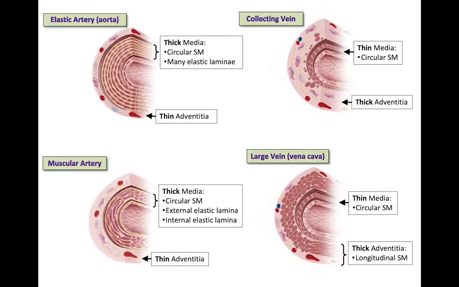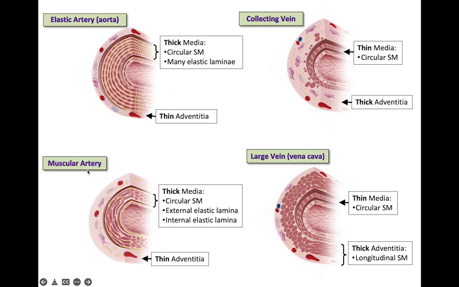So you can use this slide to summarize the 4 types of vessels. When we see an elastic artery, it has a thick tunica media, which is composed of circularly arranged smooth muscles and many elastic laminae that run in between the smooth muscles, but it has a thin tunica adventitia.